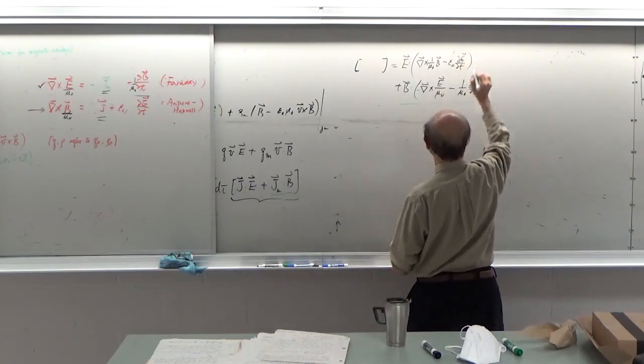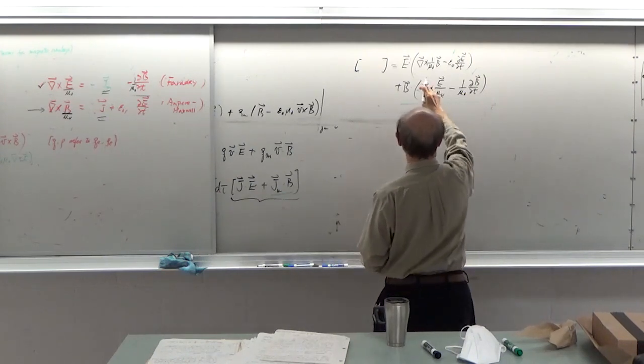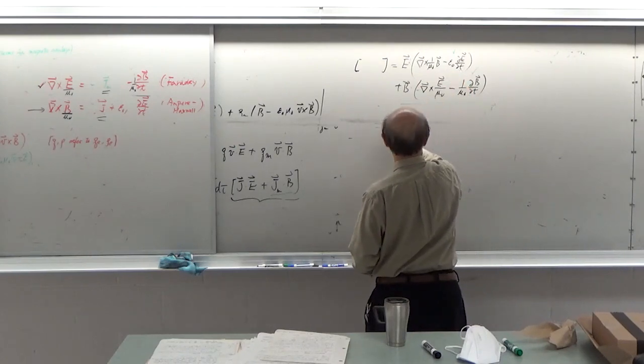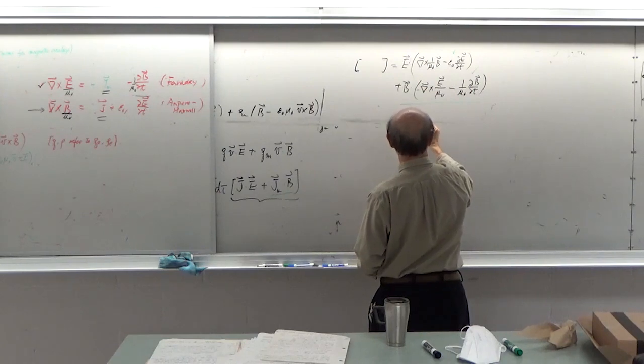This and that. Of course, start with that. So this is nothing but minus del by del t of 1/2 epsilon naught E squared, isn't that right?